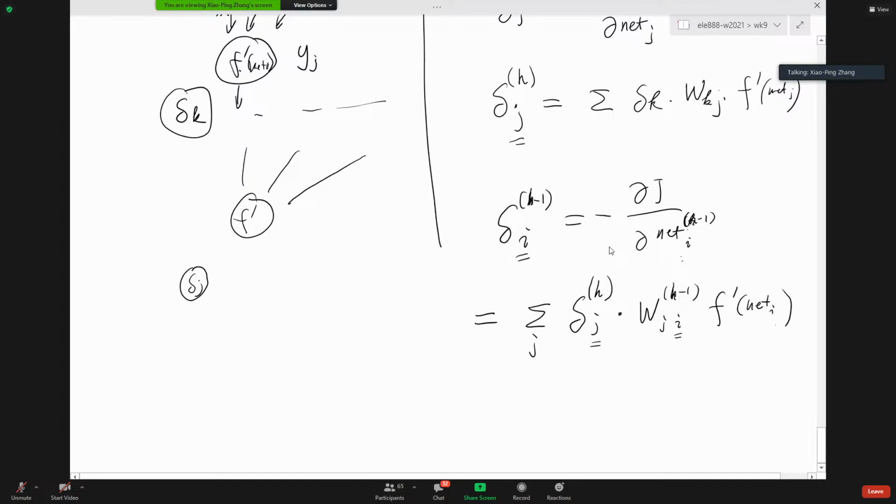For this F, I don't need a superscript to identify the layer because this F is the same, right? But this W is not the same. That makes sense?